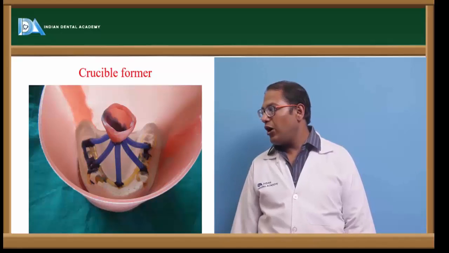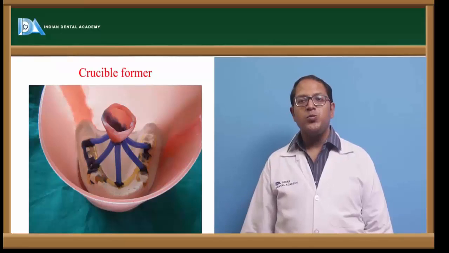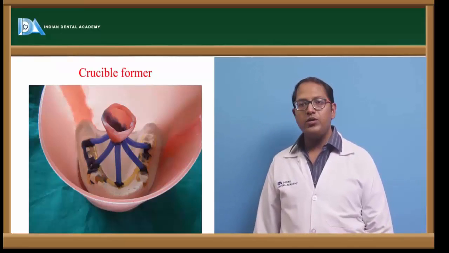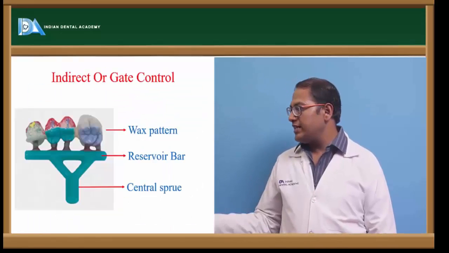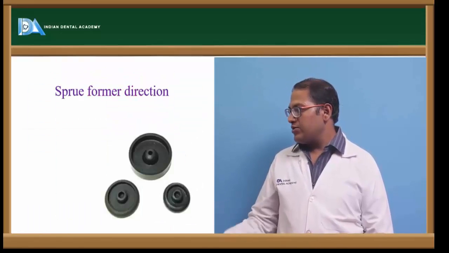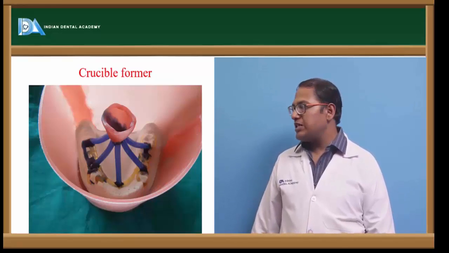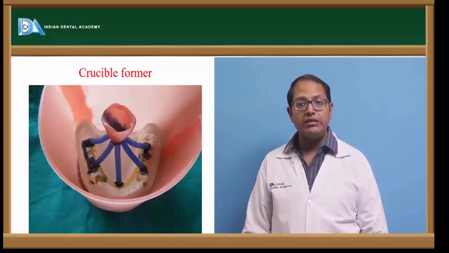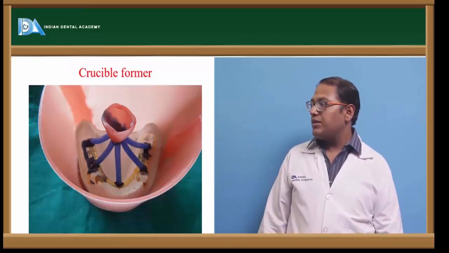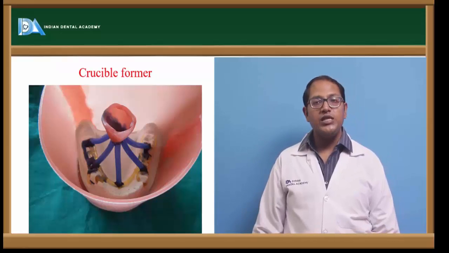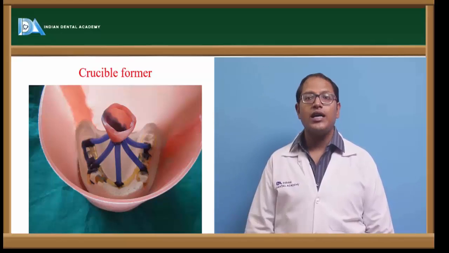Coming to crucible former. Now this is the crucible former made for cast partial denture. The sprue is attached to a crucible former. It is usually made of rubber, which consists of a base like this, used during investing of the pattern. The exact shape of the crucible former depends upon the type of casting machine that you are using, and whether you are using an open casting or a closed casting, that is with casting ring or without casting ring.